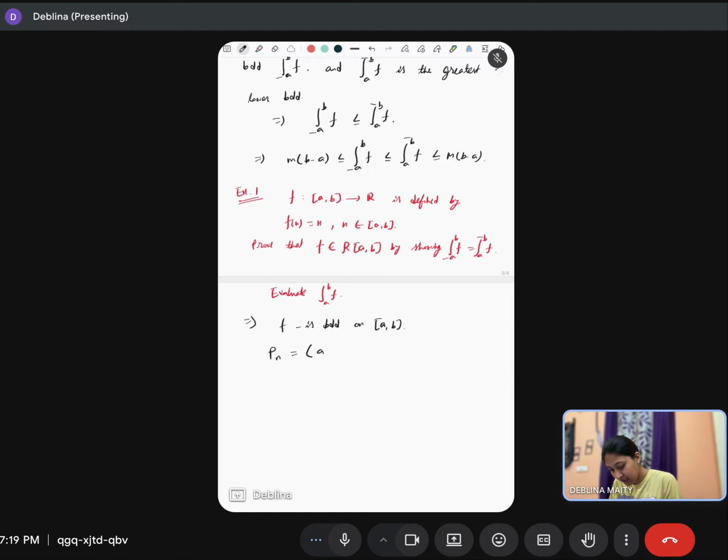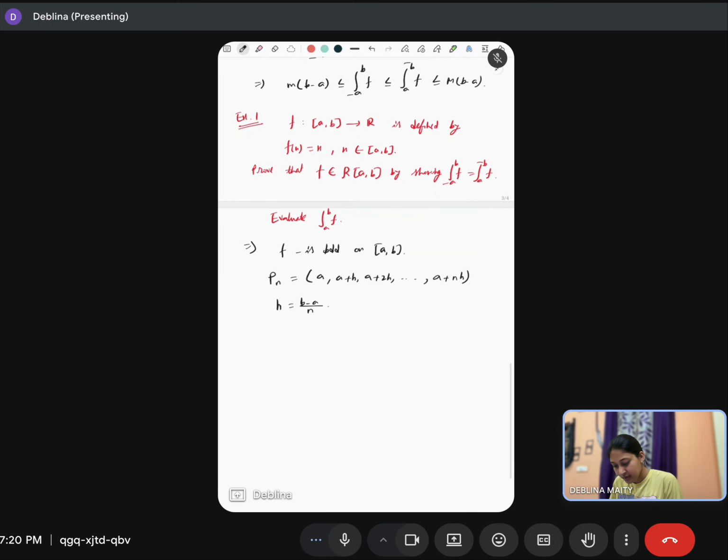Now take this partition P_n to be a, and the last one is a + nh, where h equals (b - a)/n. So P_n divides [a, b] into n equal subintervals, right?